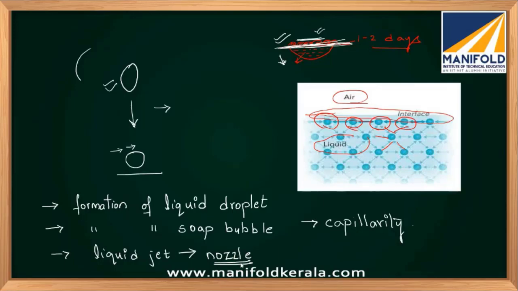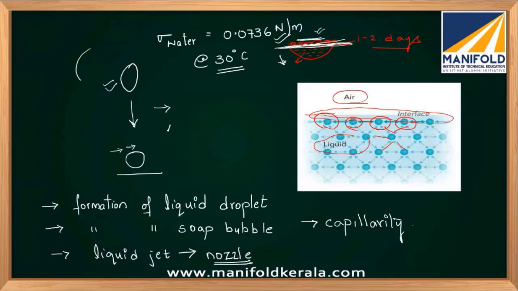This surface tension changes with temperature. One thing you should always remember is that the surface tension of water is around 0.0736 Newton per meter at 30 degrees centigrade. This is very important. At room temperature it is 0.0736.